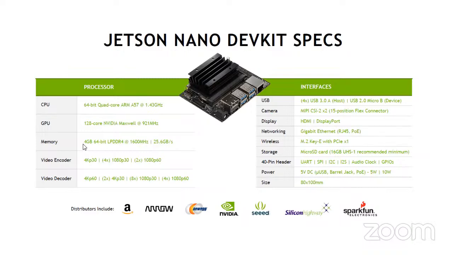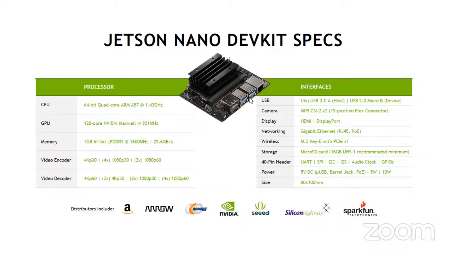Then memory: there is 4 GB of 64-bit LPDDR4 RAM at 1600 megahertz and 25.6 GB per second. This is the specification of the internal RAM memory, the 4 GB variant. Then there are video encoders and video decoders, then USB connectivity.